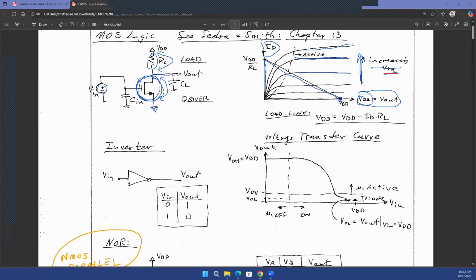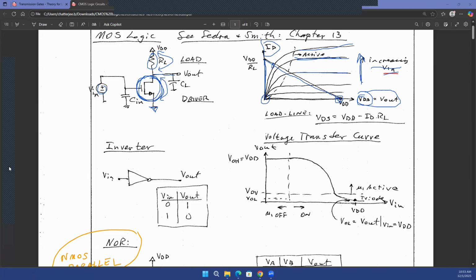So if VDS is 0, which is this point, your current is going to be VDD over RL, because the entire voltage drop of VDD happens across RL. On the other hand, at this point, your VDS is equal to VDD. So the entire voltage drop is across the transistor, and the current through the load is 0. So that's the load line. And basically, the intersection of the load line and the transistor ID versus VDS characteristic will give you the operating point of the transistor.